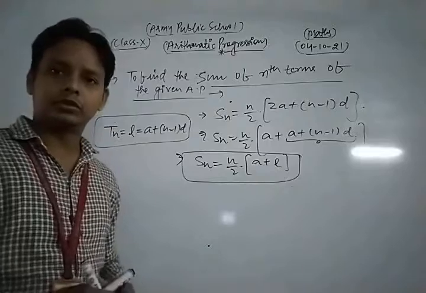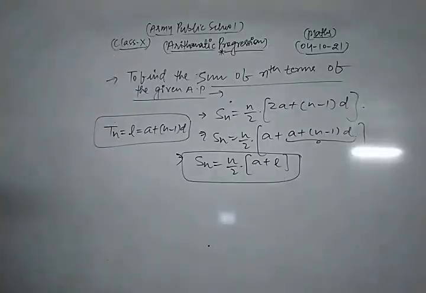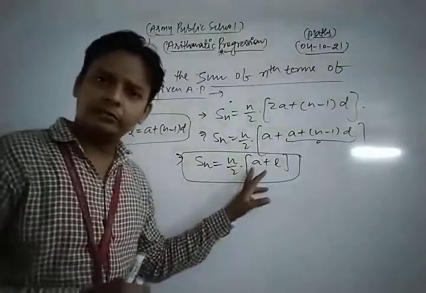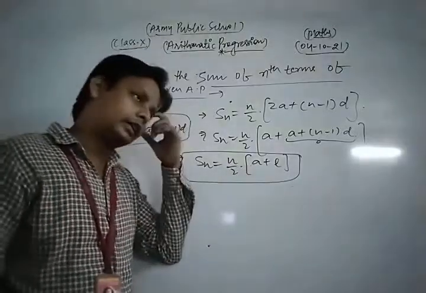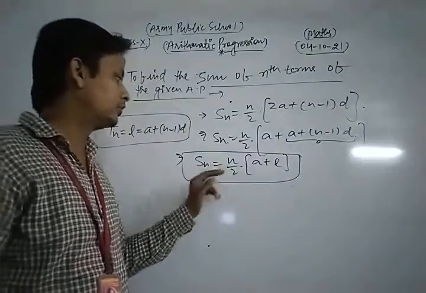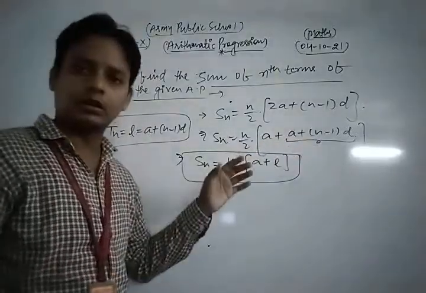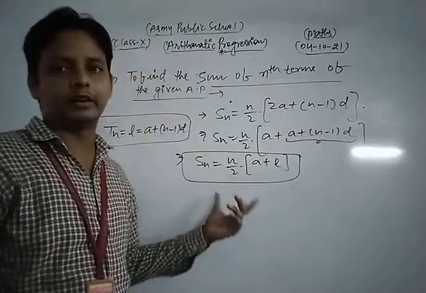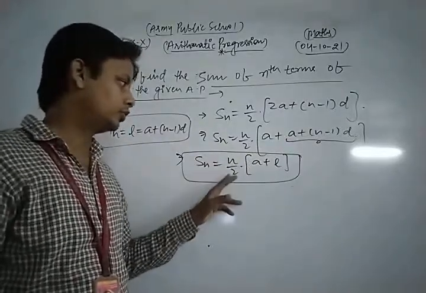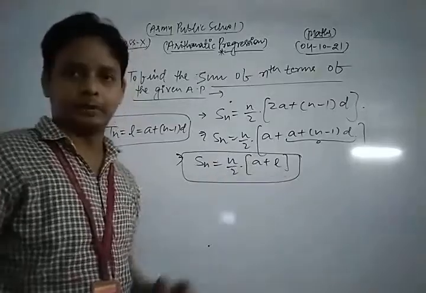If in any question we have the number of terms, the first term and the last term, then according to that formula we find the sum of n terms of the given AP, means Sn is equal to n by 2 in bracket a plus l.